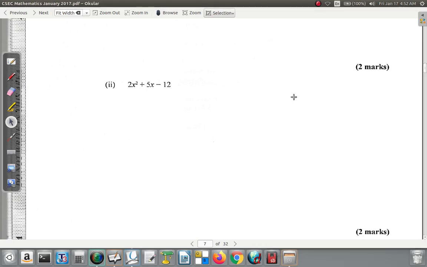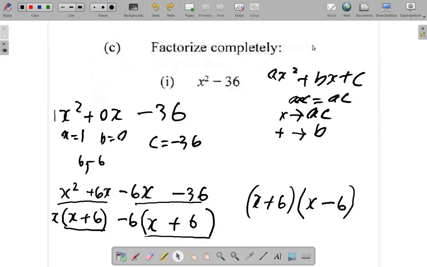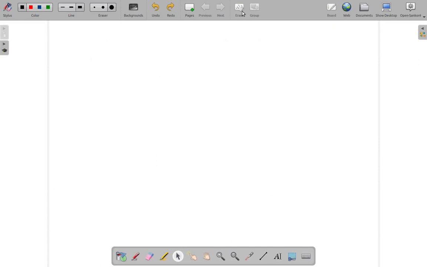Alright, now 2x squared plus 5x minus 12. Let's look at the AC method. I'm going to just copy this, put it here. So just get rid of this and paste what we had right here.